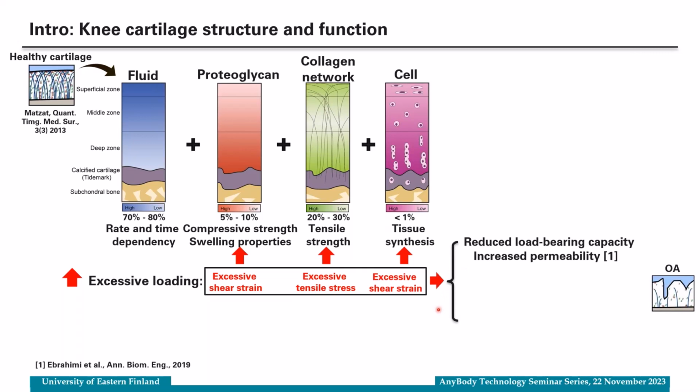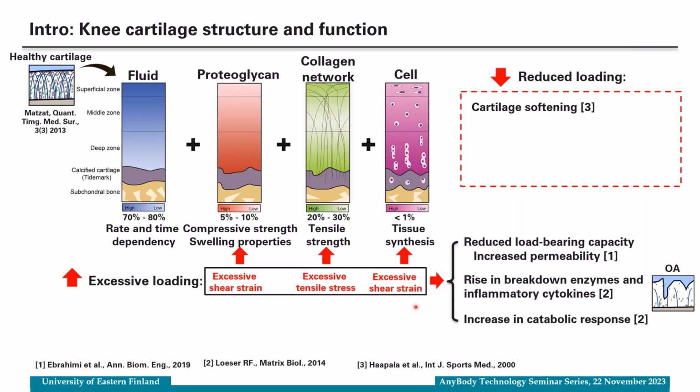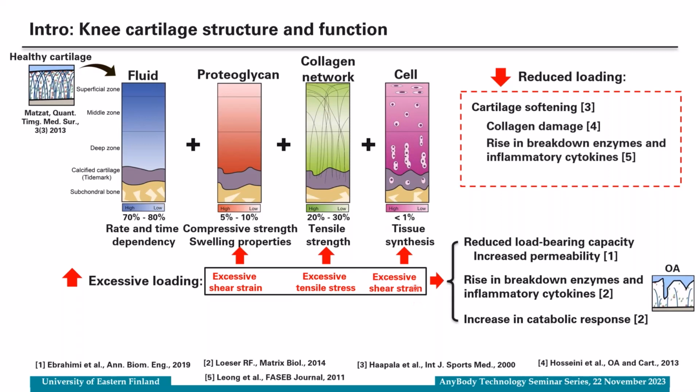They can also increase the permeability, which again leads to increased stress and strain in the tissue, a rise in breakdown enzymes, and increasing inflammatory cytokines, increasing at the end the catabolic response of the tissue. But on the other hand, reduced loading can also lead to cartilage softening, and with softer tissue, this leads to increased strains causing collagen damage, for instance. Again, this increases the breakdown enzymes and inflammatory cytokines, leading to an increase in catabolic response.